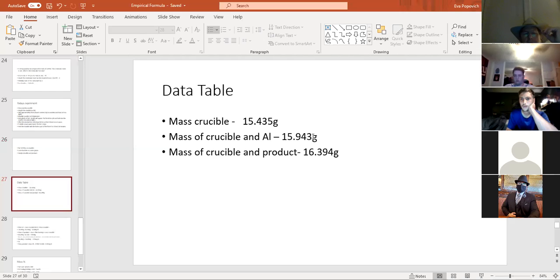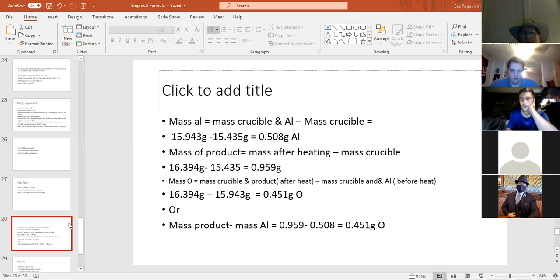After heating, the crucible and the product weighed 16.394 grams. So my mass of aluminum is the mass of aluminum and crucible before heating minus the mass of the crucible. I do that math out, I get 0.508 grams of aluminum.